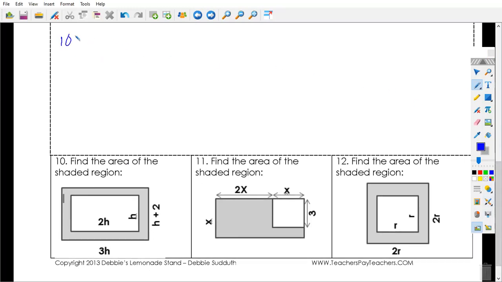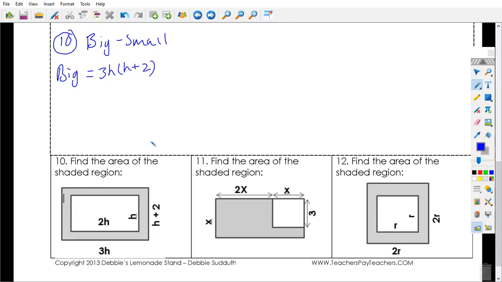So number 10, the first thing we are understanding, to find area, it's going to be the big minus the small, right? So we're going to find the big rectangle first. The big rectangle, the length and the width is h plus 2 and 3h, right? So length times width.